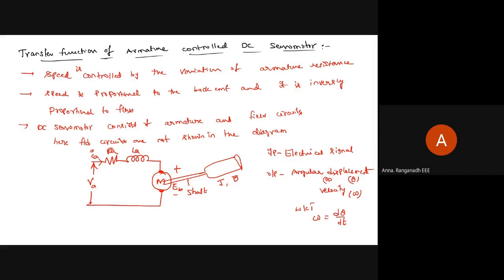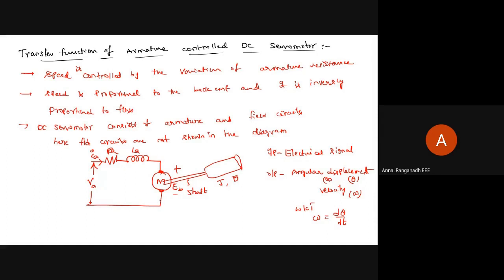So this is the basic diagram for the transfer function of the armature controlled DC servo motor. From this, we can take some expressions, and with their help, we are going to find the transfer function. To find the transfer function, we should know the input of the system and the output of the system. For this configuration, the input is an electrical signal and the output is a mechanical signal.